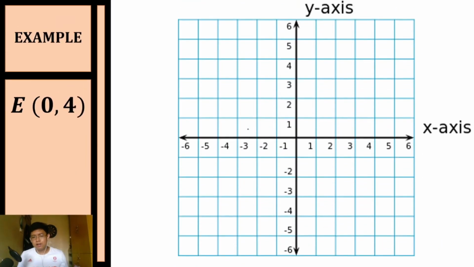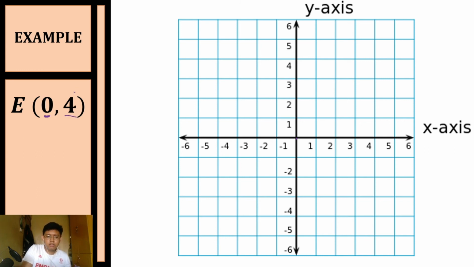And then let's have our last example for today. Let's plot point E having the coordinate of (0, 4). Again, our x-coordinate is 0. Since our x-coordinate is 0, we will just stay. We will not move either to the left or right. So we're not going to move at all from the origin. Next is our y-coordinate, which is 4.